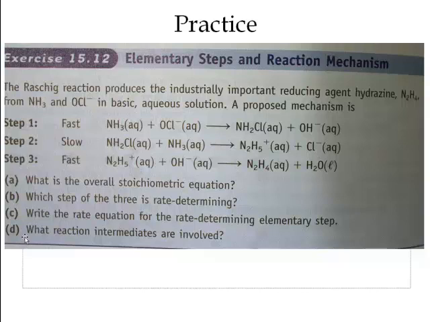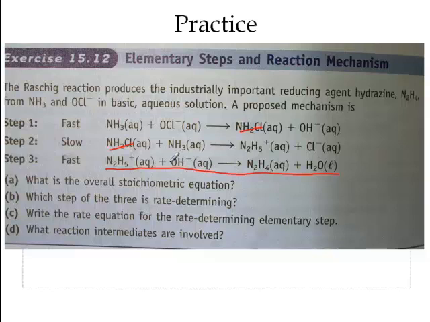Now it looks like we have 3 elementary steps. All right, so for the first one, it says, what's the overall stoichiometric equation? So again, you just treat it like a Hess's law equation, and you do some canceling out. All right, so let's see, I want to look for things on both sides. So I've got some NH2Cl, got some of that over there.